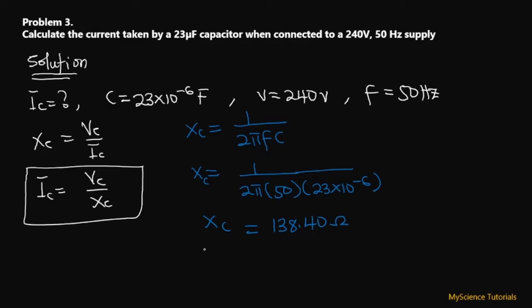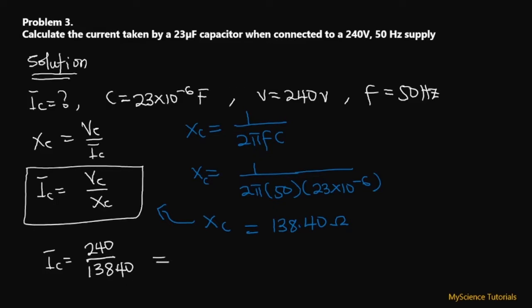Now that we have this, we can do the substitution into this formula to get our current. So our current is going to be IC is equal to our voltage, 240 volts, over our capacitive reactance, which we just found to be 138.40.